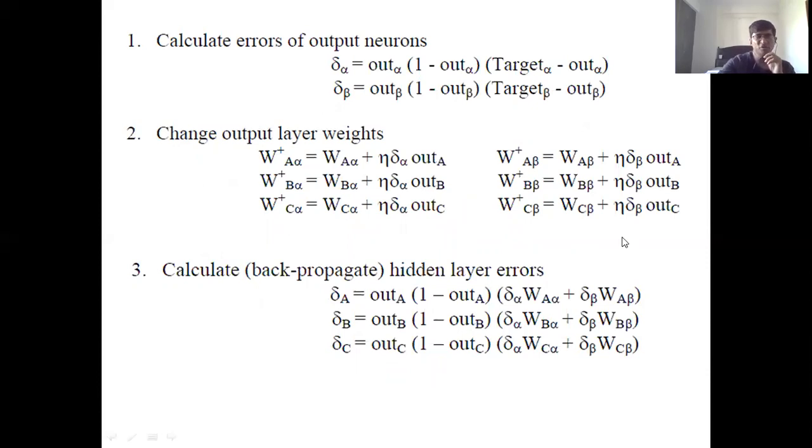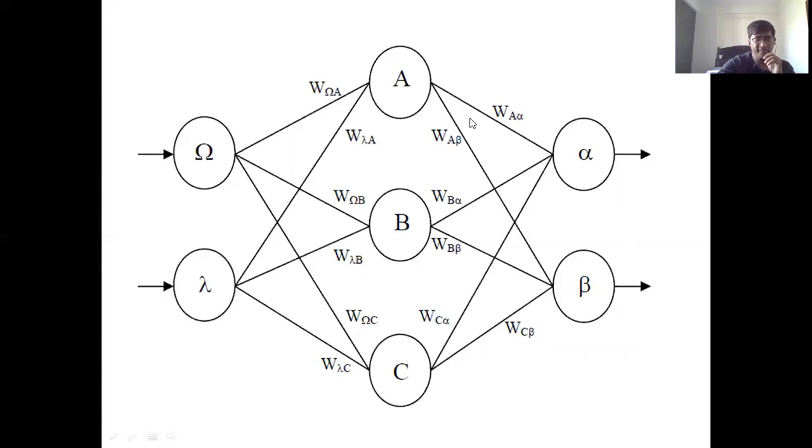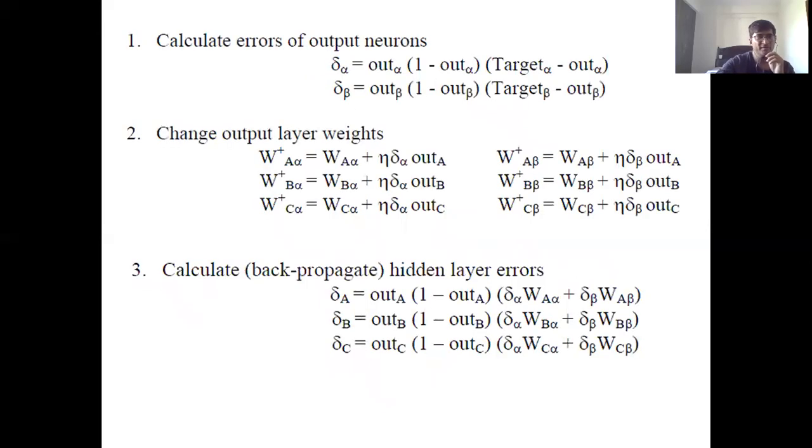Now, assuming that we have updated these weights, the next task is to calculate the errors at A, B, C. These are hidden layers. So we have to calculate the error at A, the error at B, and the error at C. To calculate the error at A, which is linked with both alpha and beta, by the same method that we discussed earlier, we use a formula like this.